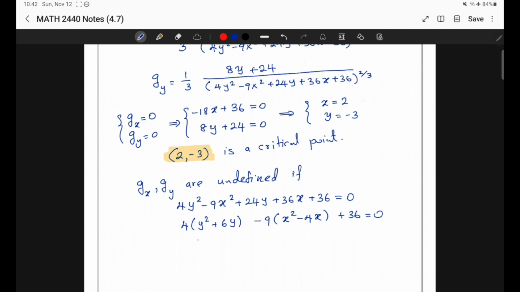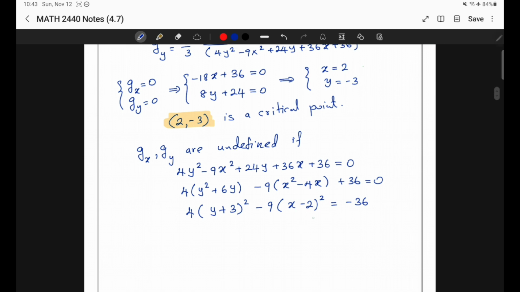Now complete the square, you will get 4 times y plus 3 squared minus 9 times x minus 2 squared equals negative 36. So complete the square and simplify the constants, you should get negative 36.